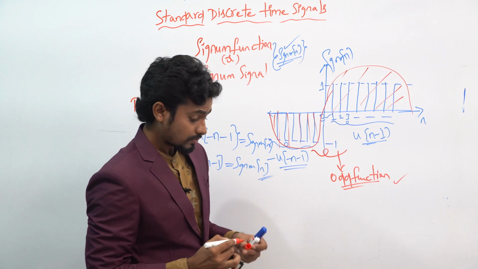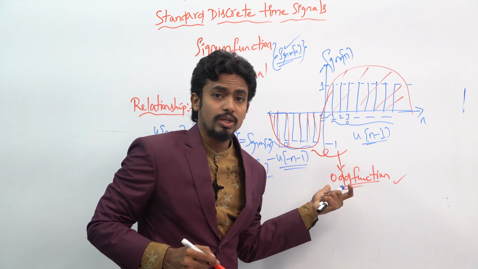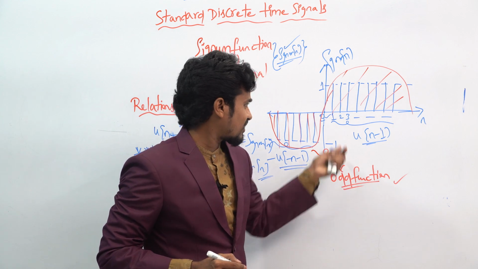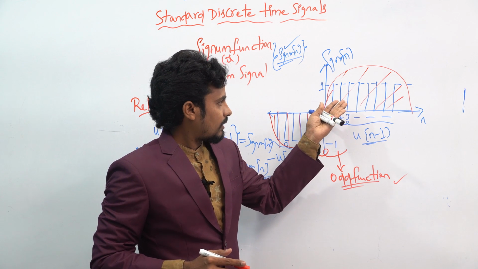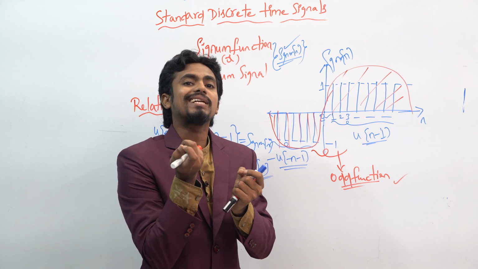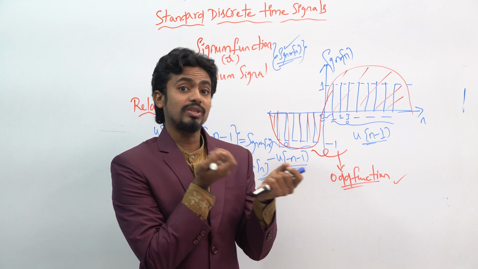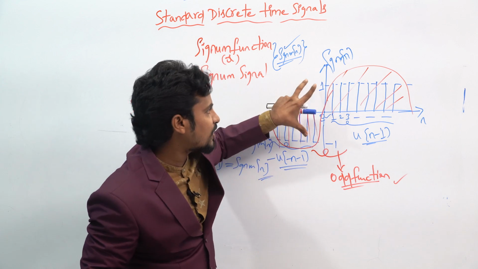And if you already have a doubt whether it is an odd function or an even function, you just have to take this function as x of n, make it a reversal, and multiply with minus 1. You will check, you will get the same magnitude like this.